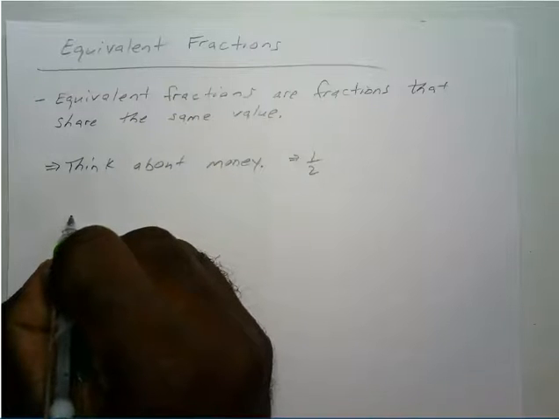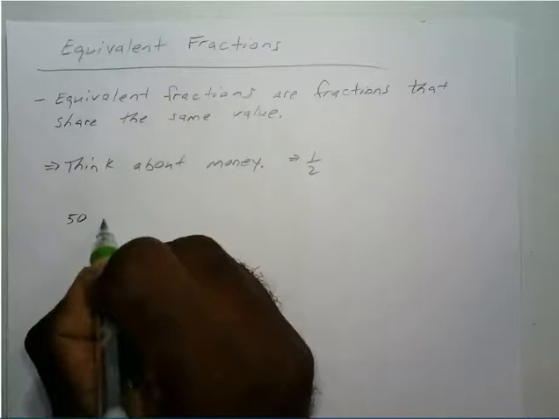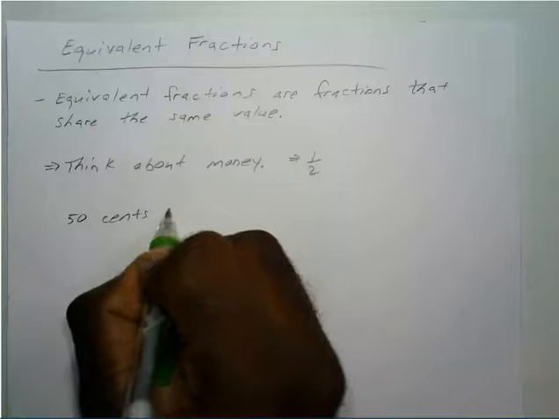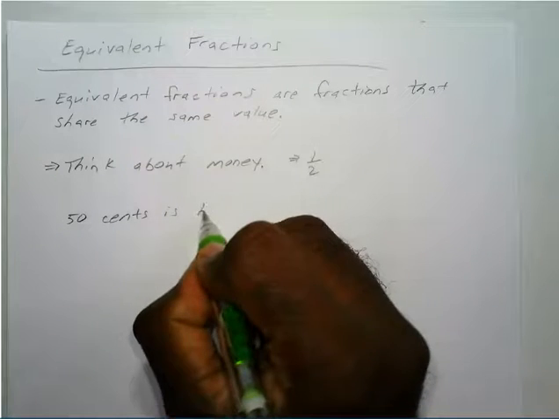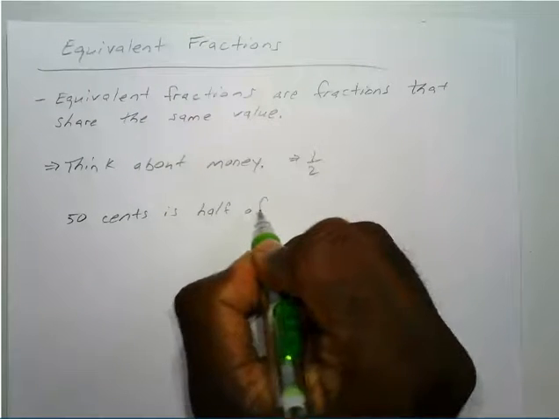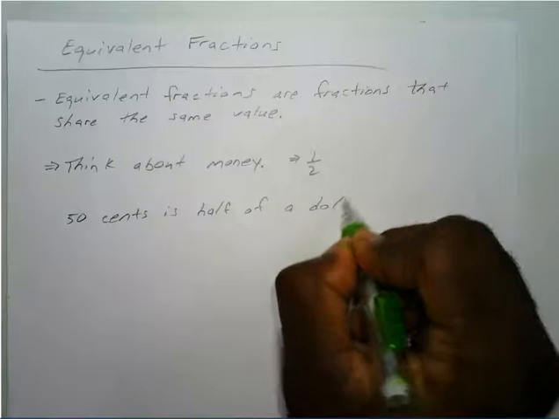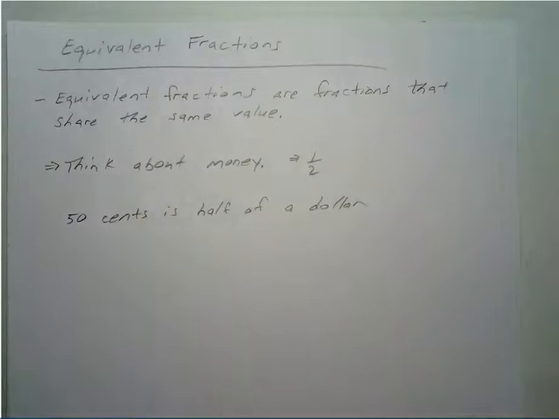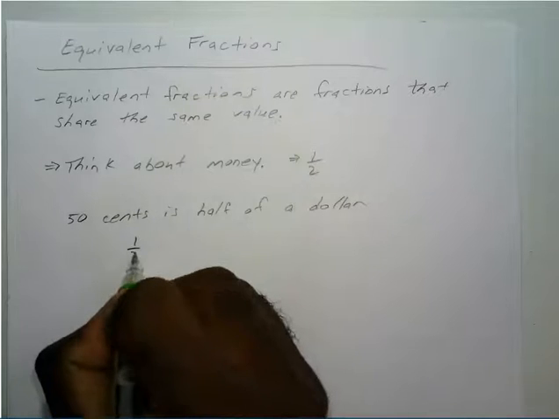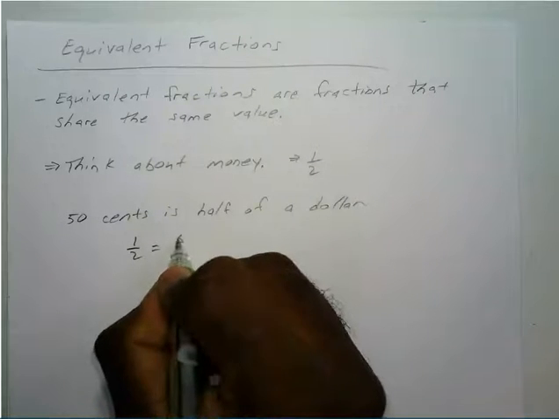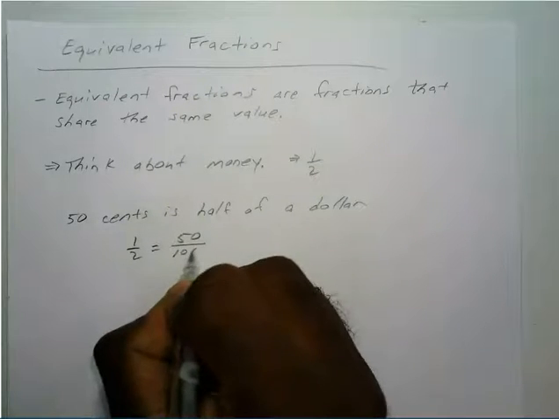If you think about it, 50 cents is half of $1. I don't think anybody would argue that. So that means that 1/2 is equal to 50 cents out of 100 cents.